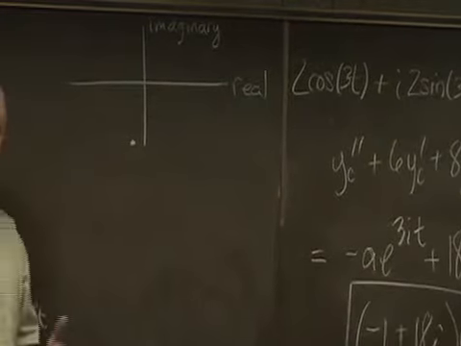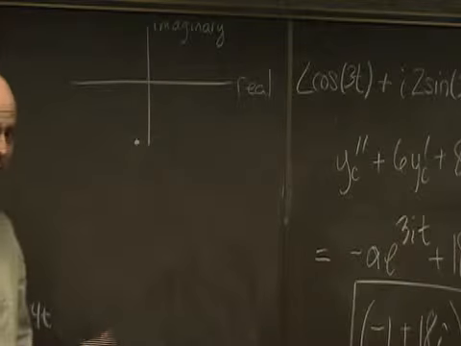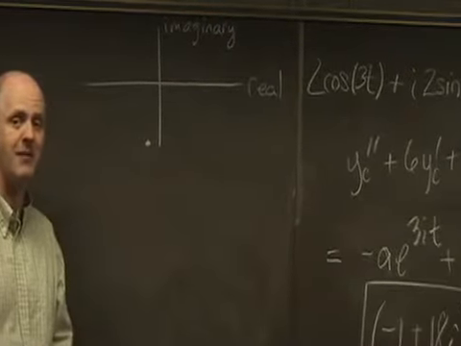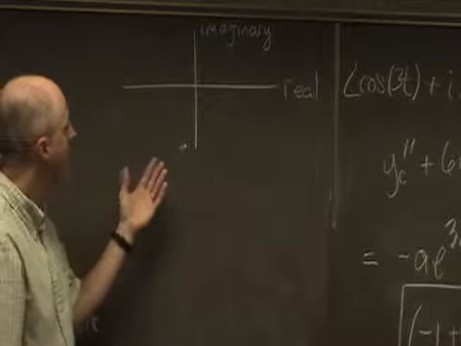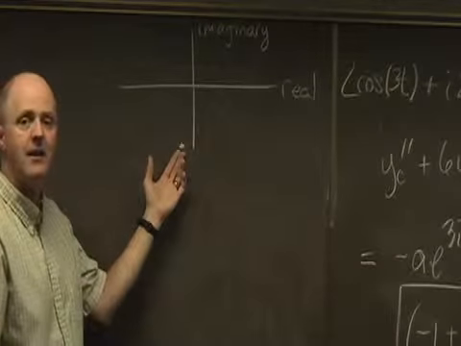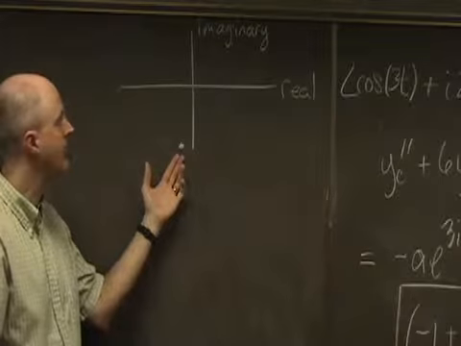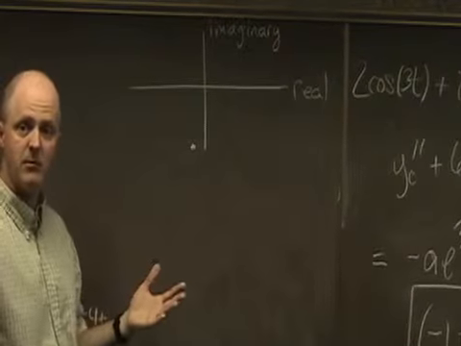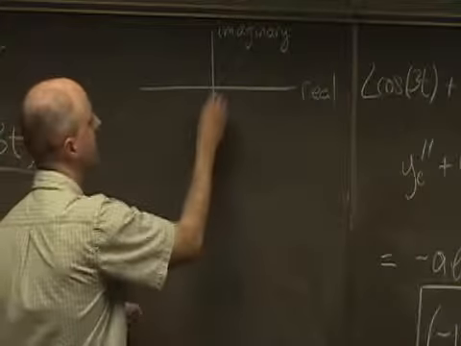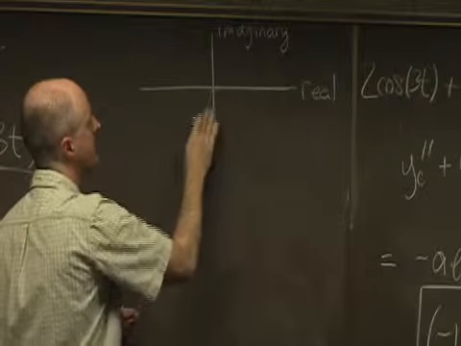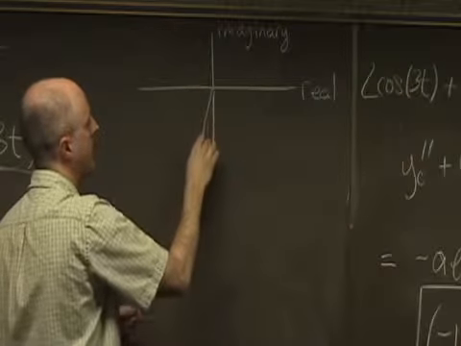If you know something about polar coordinates, you know that you can specify the location here in this plane by two other numbers than what is done usually. If you don't know anything about polar coordinates, you'll want to look it up. You can specify it by how far it is from the origin. That's the radial coordinate.